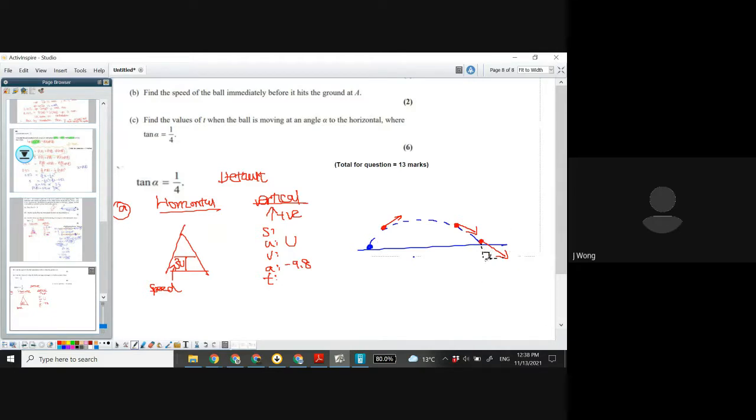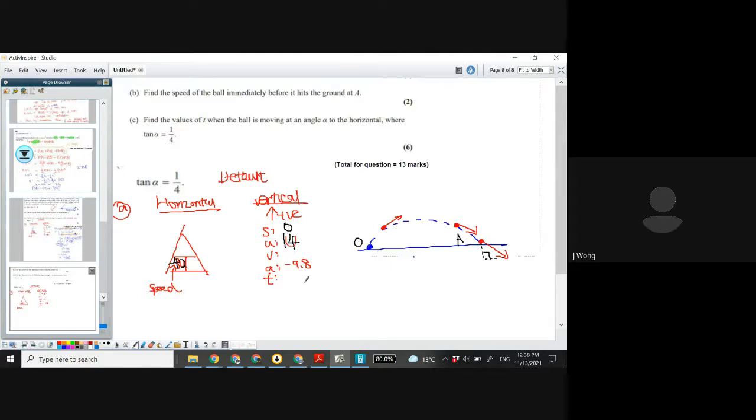Now we know u is 14, so I could change this. That is 14, and that is minus 42. Again, you have everything you need, because if I model this from point O to A, we know that vertically S is 0.